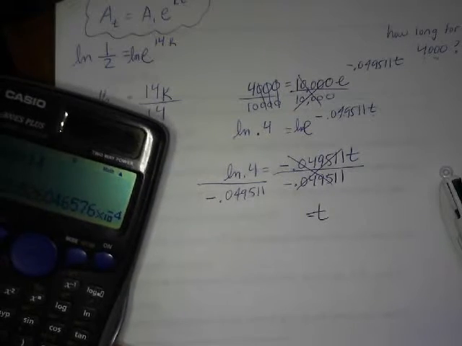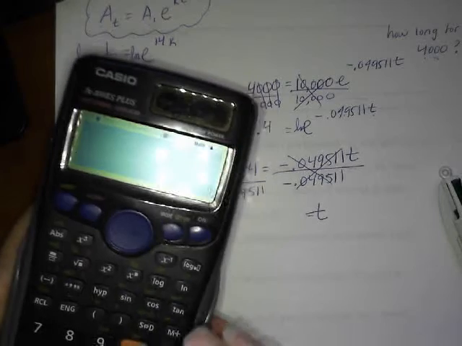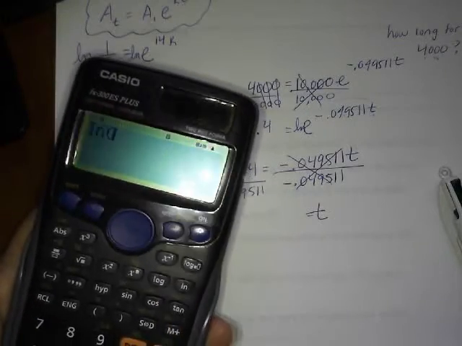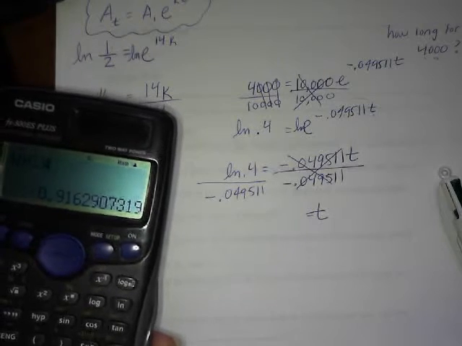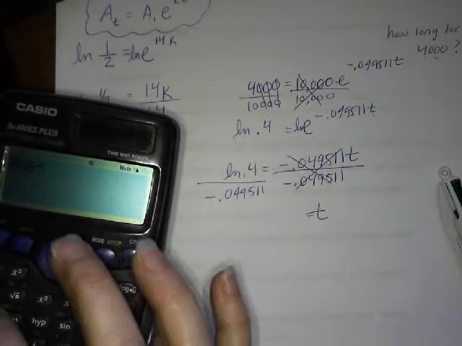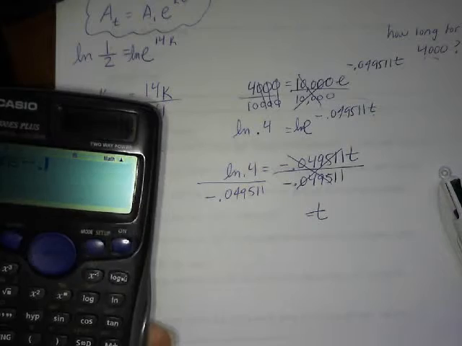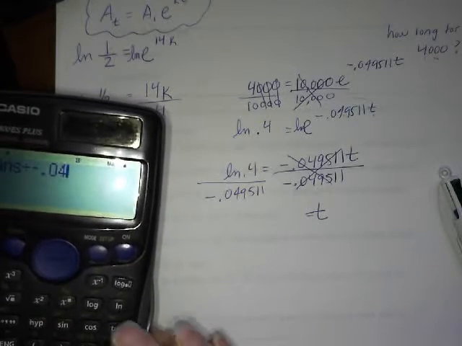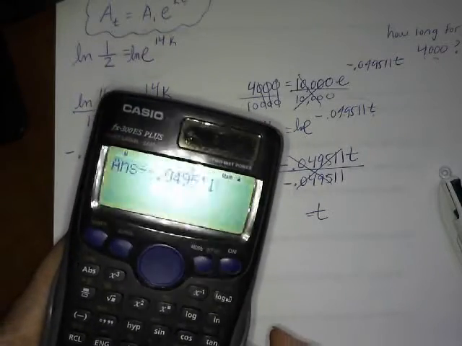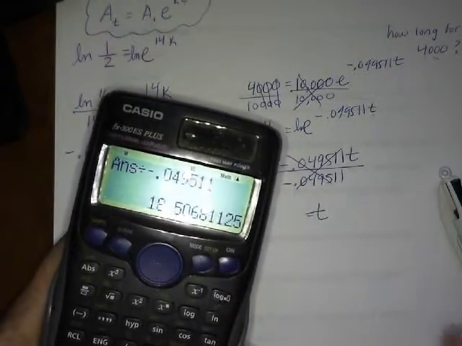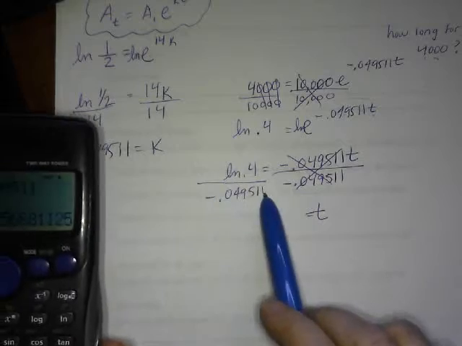Oh no, okay, so see, I knew I would lose it. Okay, so ln 0.4. I ended up having to type it in anyway. Divided by 0.0495. This will actually round exactly to how the book does it anyway, because the book has rounded it to that decimal.